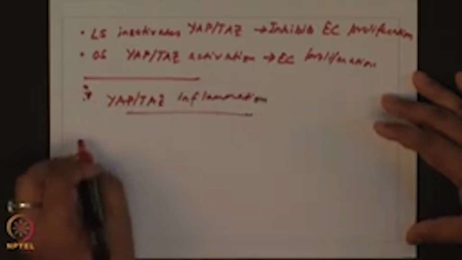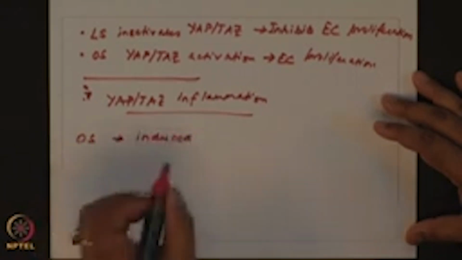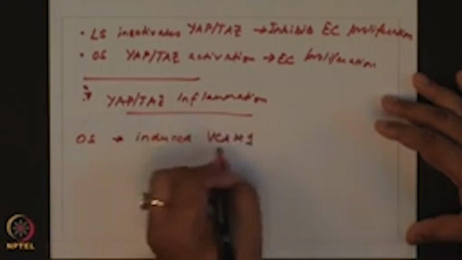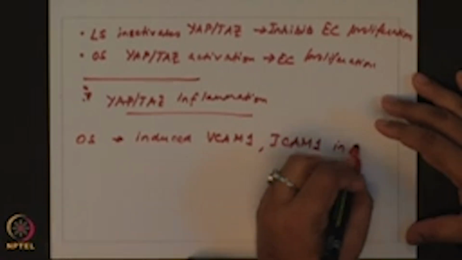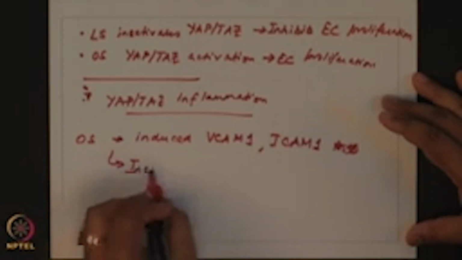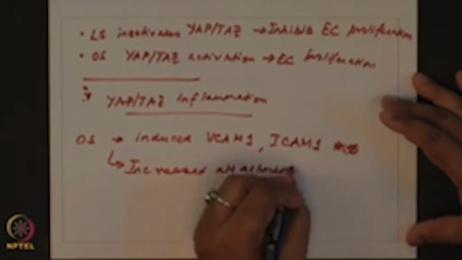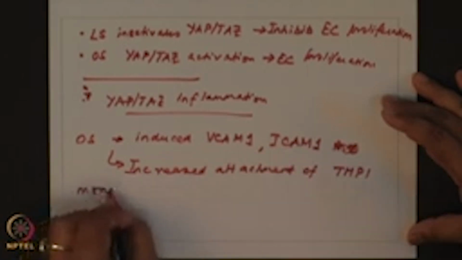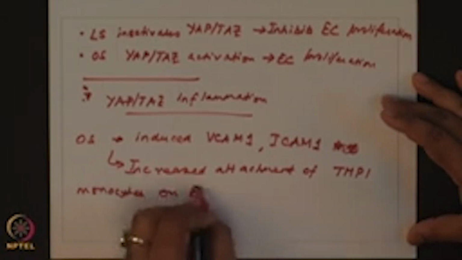So, what they found was oscillatory shear stress induced expression of VCAM1, vascular cell adhesion molecule 1, and ICAM1 in ECs, and this led to increased attachment of THP1 monocytes on EC surfaces.